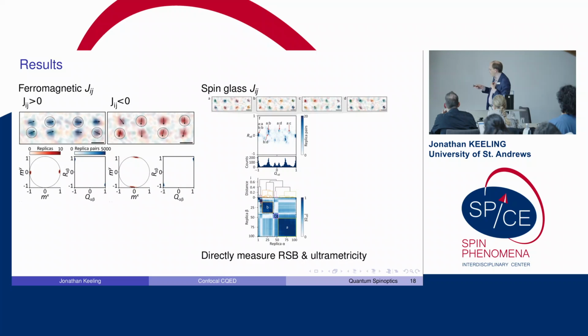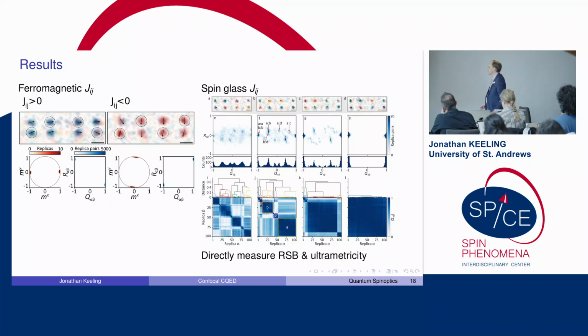I should then point out this picture here is all for one particular realization of the experiment. You can do this again with a different Jij matrix, so different positions of the atoms and therefore different connectivity, and you can then look at it. In each case you get different overlap distributions, and you can average over disorder from that.